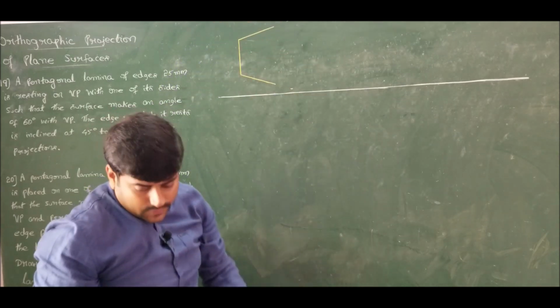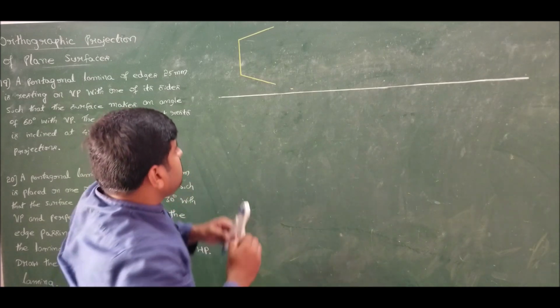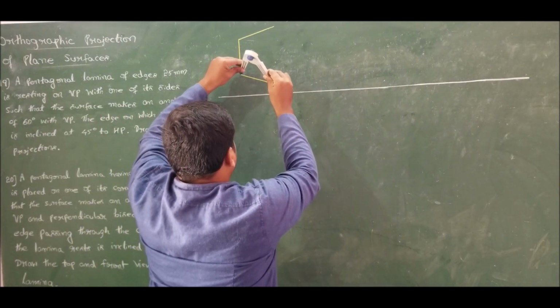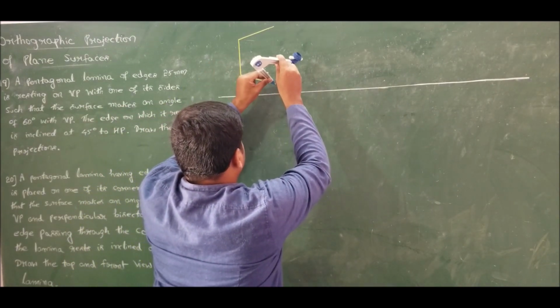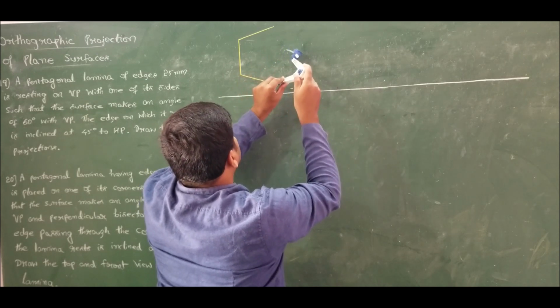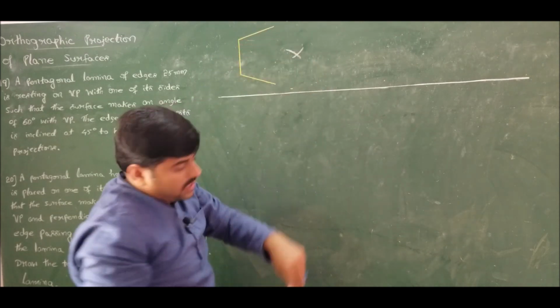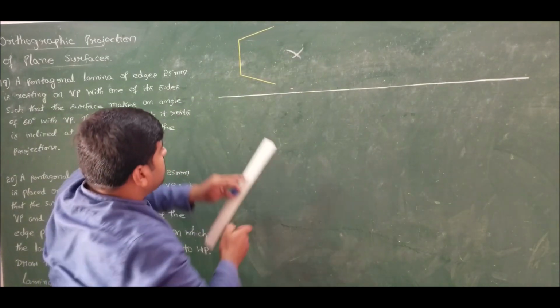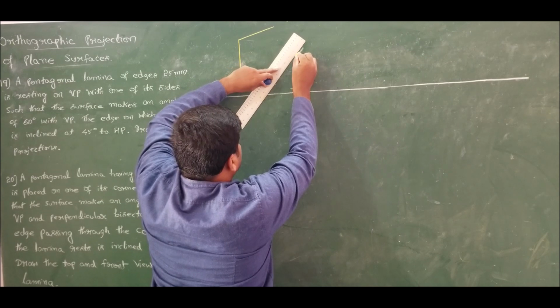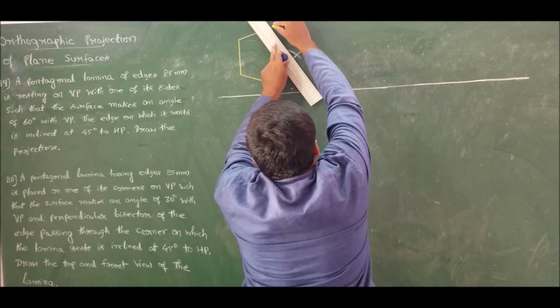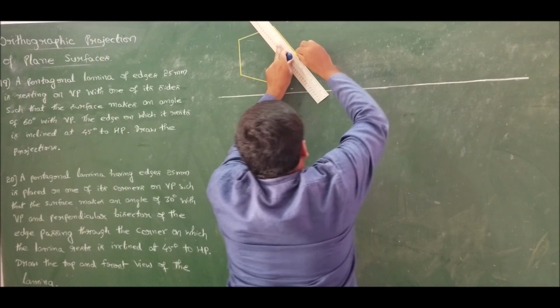Done. Now use compass and cut arc to complete the pentagon. From another corner intersect the previously drawn arc, connecting which I will get the required pentagon of sides 25 millimeters.